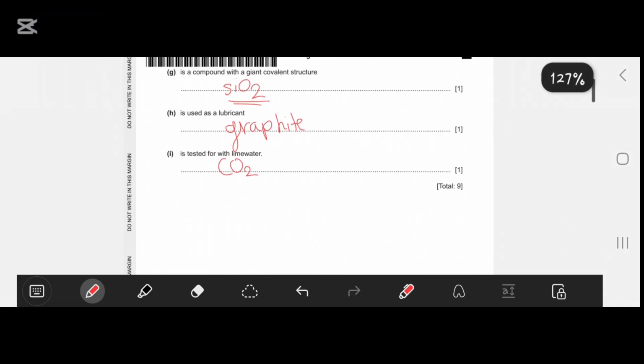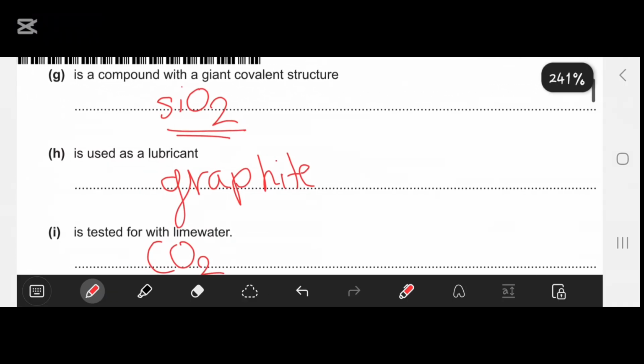Alright, let's go down to the next question. Is used as a lubricant, graphite. Lubricant means something like a pencil, something that will slide off or write, or in terms of general meaning, it's something that will give an object less friction upon movement.